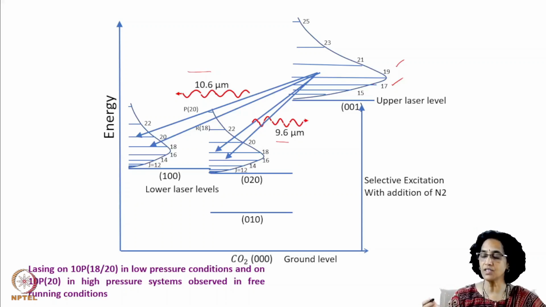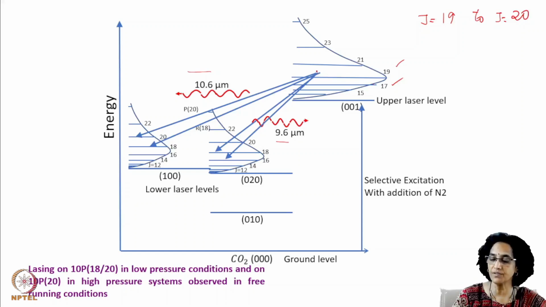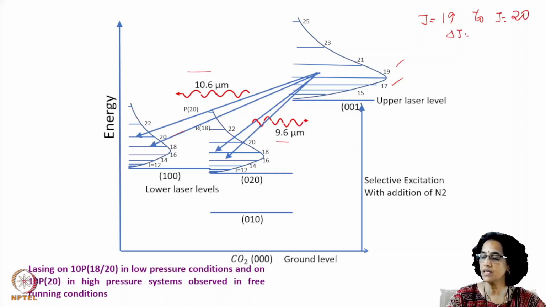and the transitions that take place are from J is equal to 19 to J is equal to 20. So as we have shown here, J is equal to 19 to J is equal to 20. So delta J is equal to plus 1, and this is a P branch.